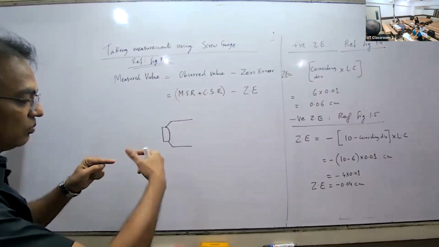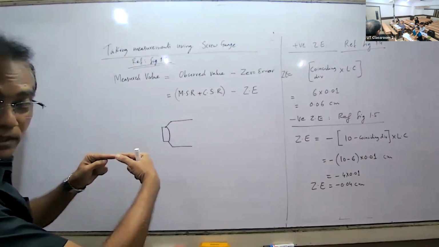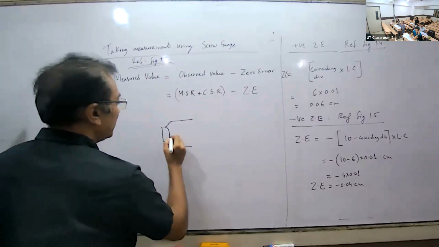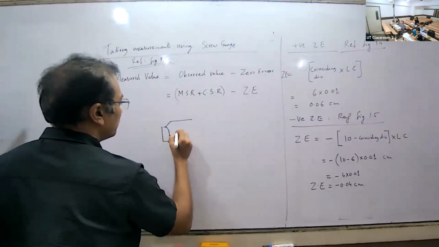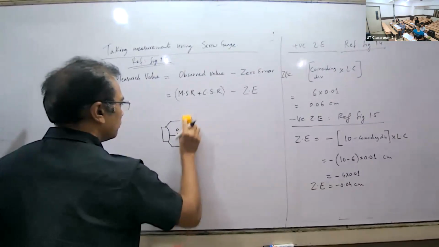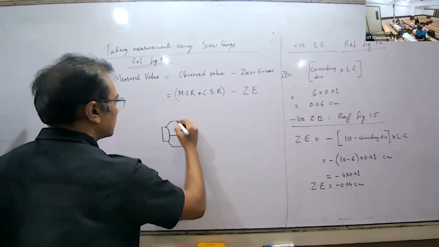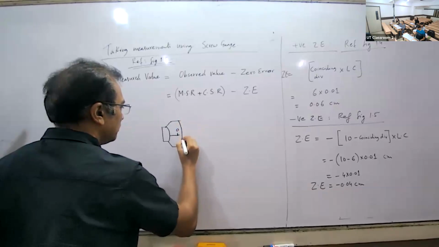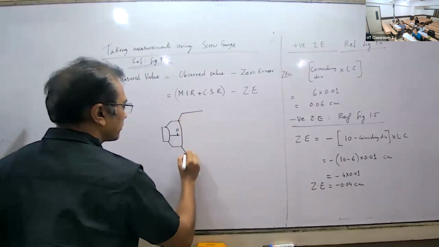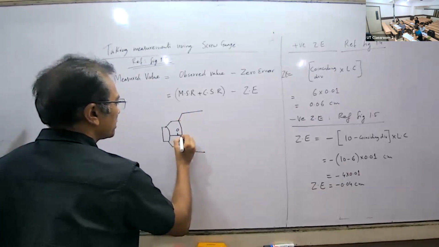When it is totally tightened, when the stud touches the screw, that means no object is there. That time, the zero of the main scale will be here, and the circular scale will also reach here. This is the baseline.